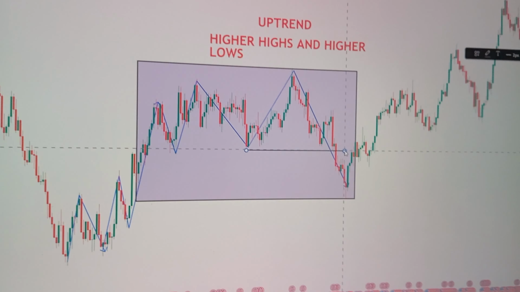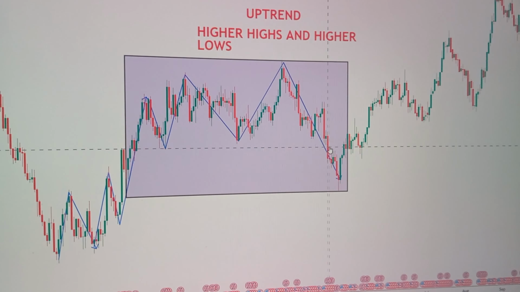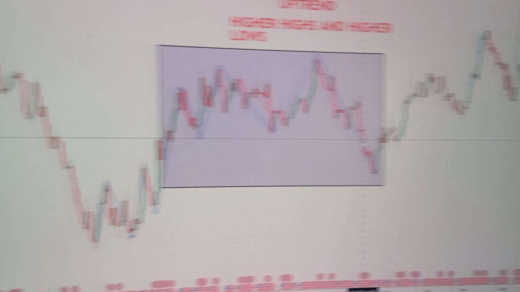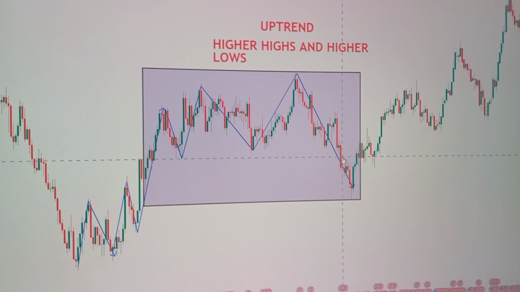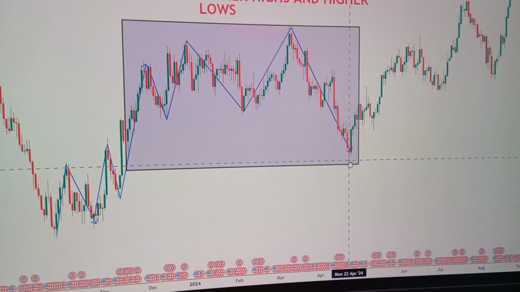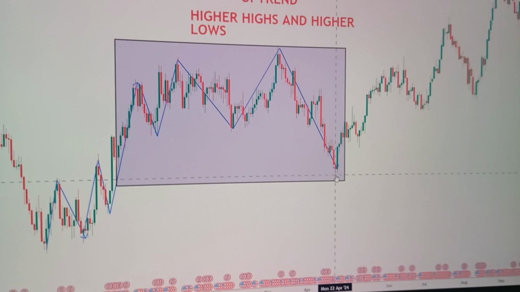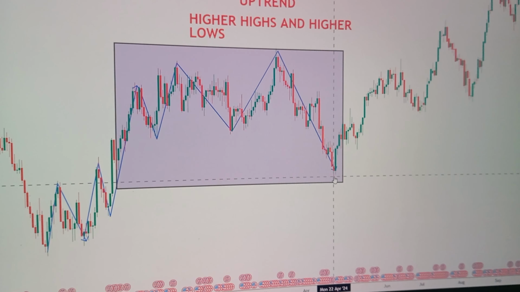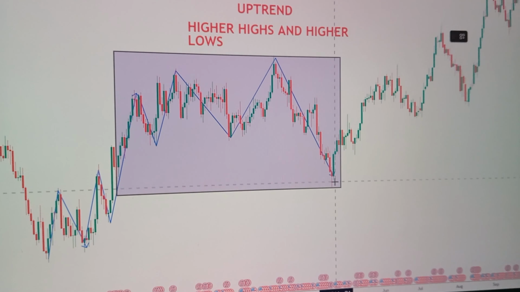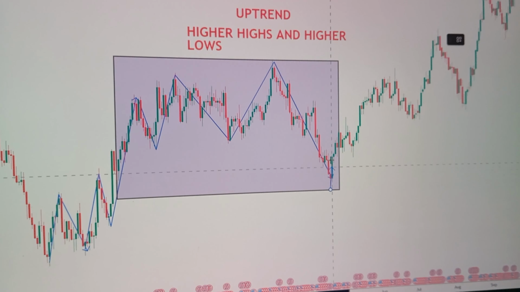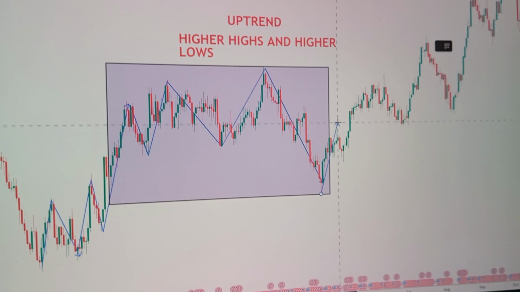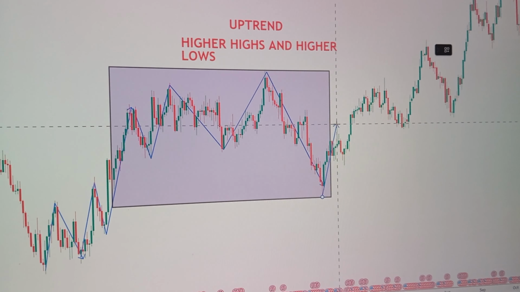On a daily time frame, although the market sold from this spot and came down here, it continued up again with its uptrend, going back to the trend it was before.